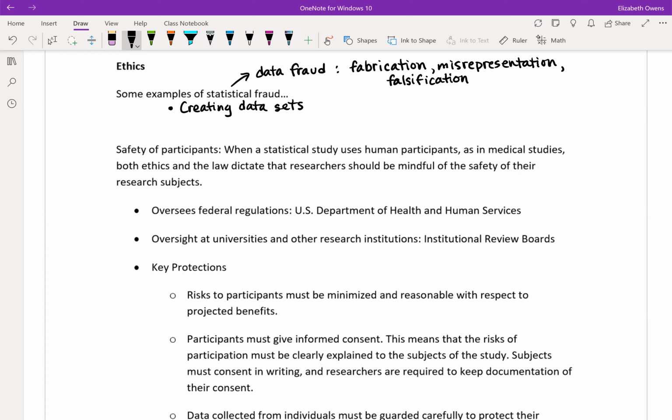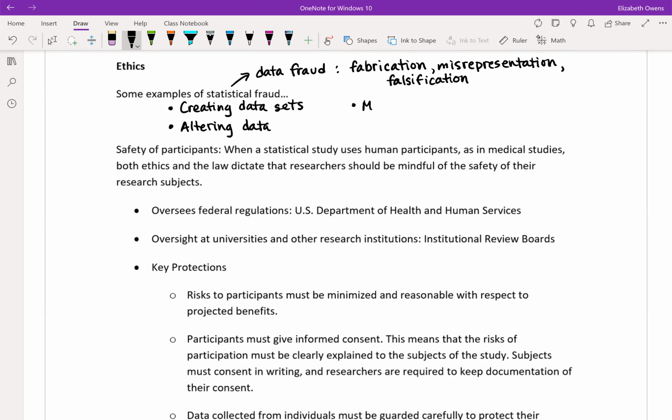If they just make up numbers, that's fraud. Altering data. So if there's a number that a researcher doesn't like and they just go in there and say, I'm going to change this 5 to a 1, alterations like that that can impact the results, that is fraud.